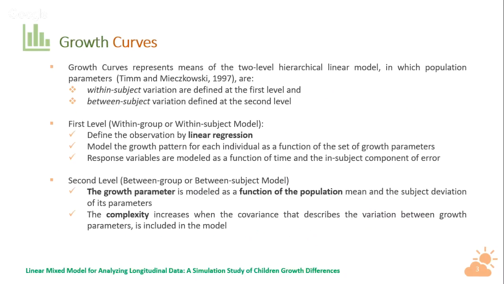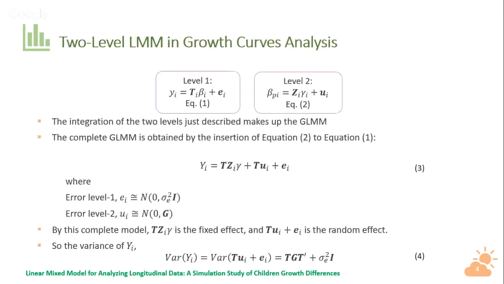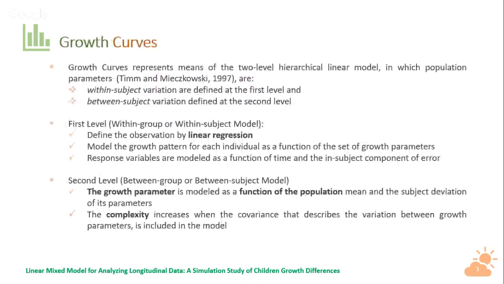It's expressed in equation 1, a function of the growth parameter beta E. The growth pattern of each individual is set as a function of the set of growth parameters, and the response variable is modeled as a function of time and the subject component of error. This is level 1.